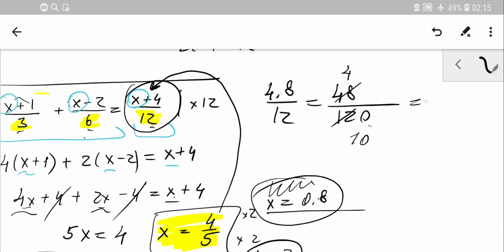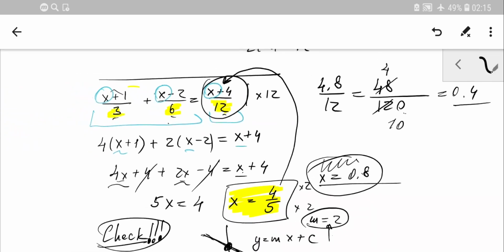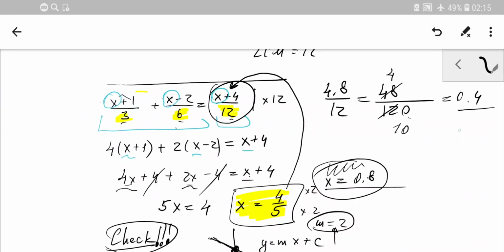So you'll get 0.4. My calculation should be 0.4, so on the left hand side you should also get 0.4. If you get another figure, obviously we made a mistake, but hopefully it's not.